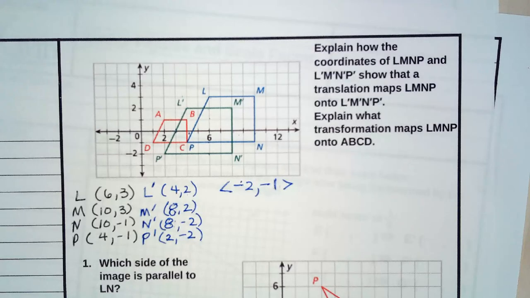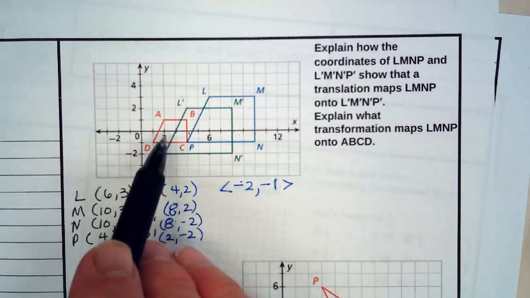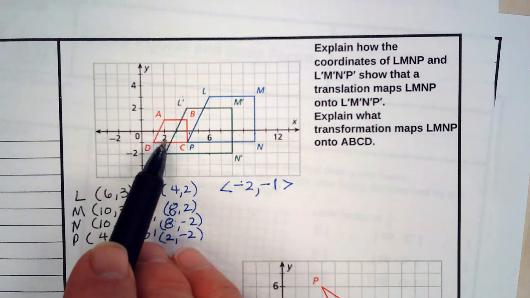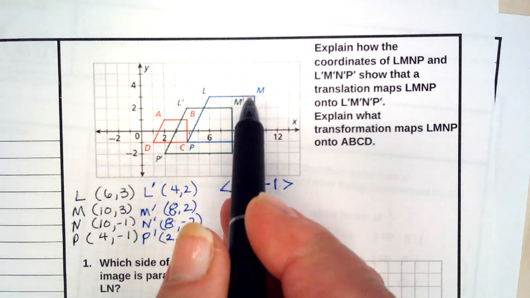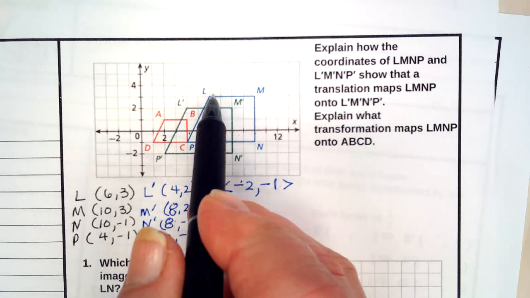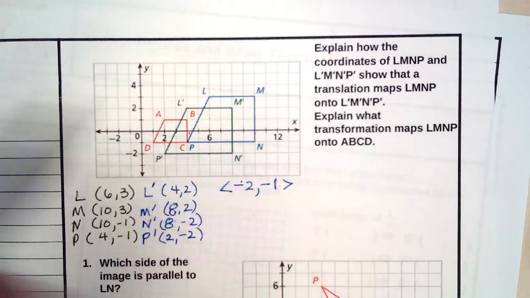So how do I transform LMNP onto ABCD? There's two things that happen. Number one, is it the same size? No. This is 4 and this is 2.